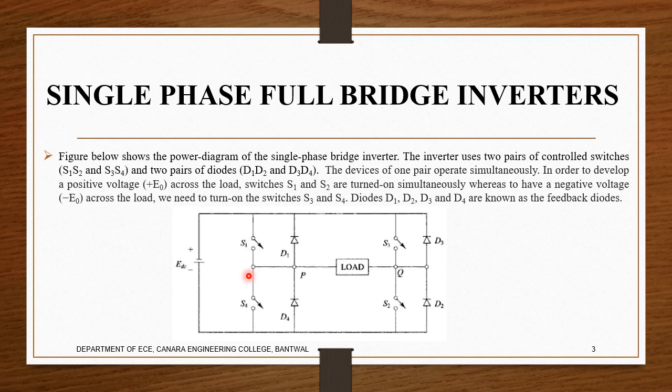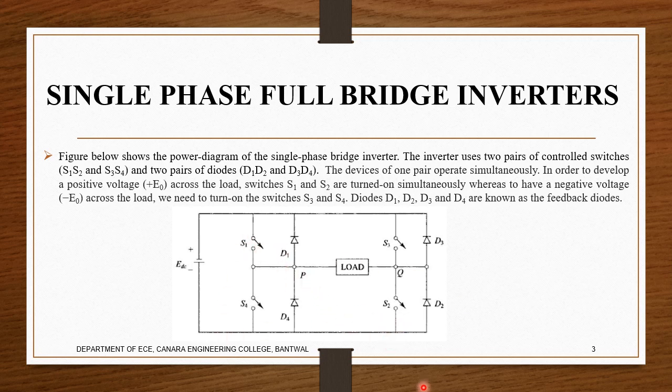Here the plus voltage is connected, and minus here, and you have to make sure that switches S1 and S2 are on simultaneously. That is why they are diagonal.